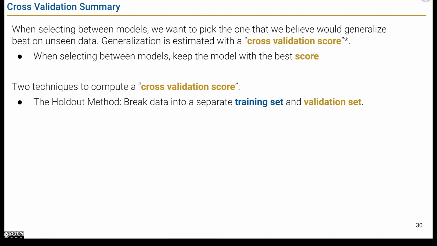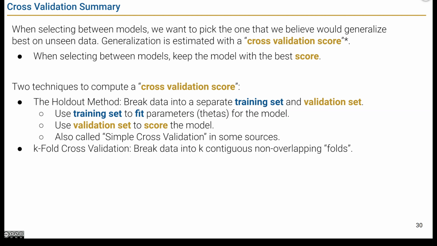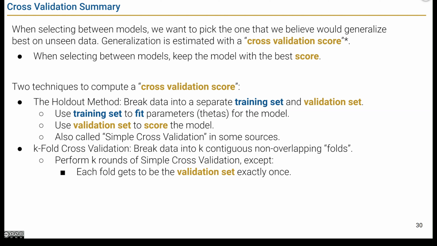The first was the simple holdout method, using our training set to fit parameters and a validation set to calculate our validation error. This is also called simple cross-validation. And then we looked at k-fold cross-validation today, which will help us account for any type of abnormalities that might be in our validation set.